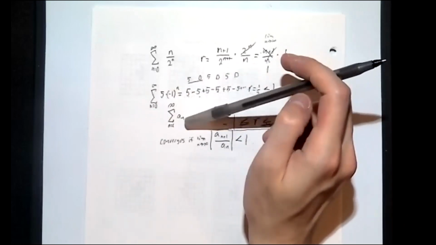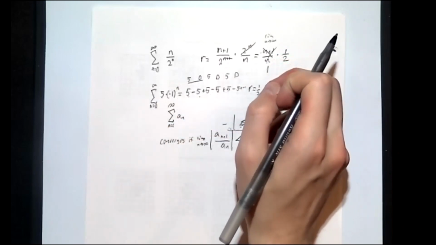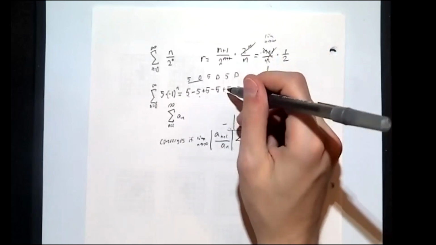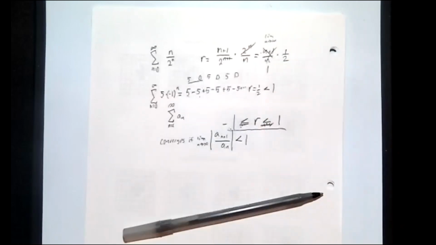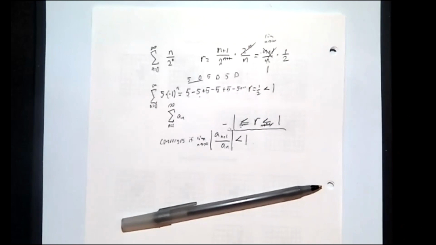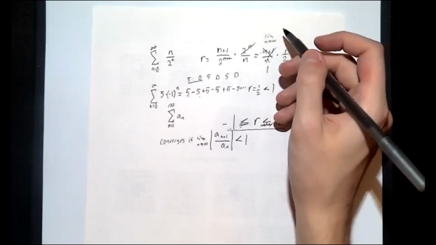I don't remember if we say it diverges. Depending on how the problem is laid out it will vary, but for the most part, you say it doesn't converge because it doesn't.